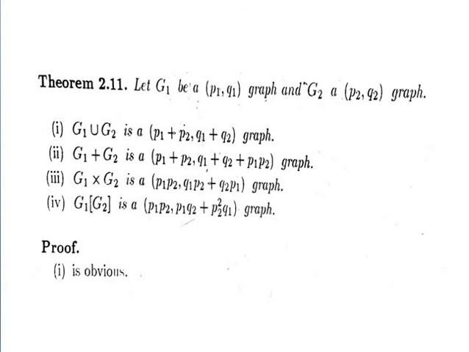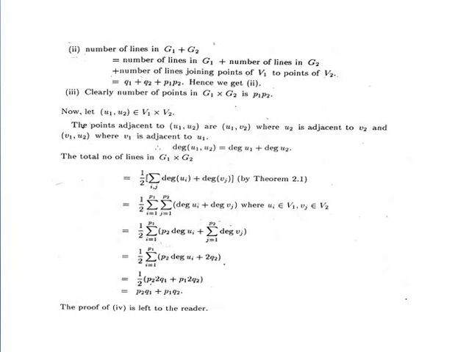Also the product G1 cross G2 is a (p1 p2, q1 p2 plus q2 p1) graph. And the fourth one, G1 of G2, is a graph with p1 p2 points and p1 q2 plus p2 squared q1 lines. The proof is obvious, so we can see to it. Thank you.